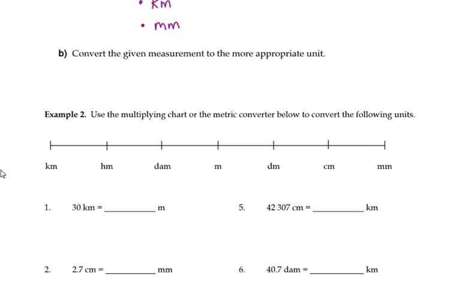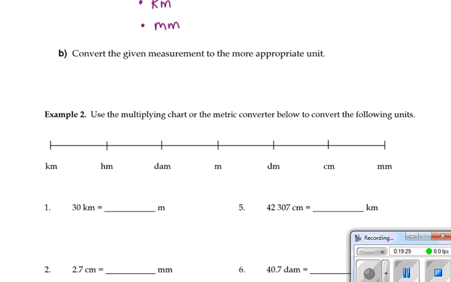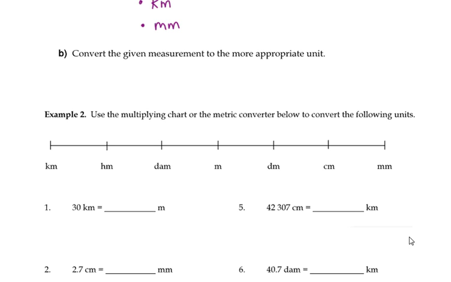Okay, so this blue sheet that you're getting right now, I'm just going to pause the recording. Sorry, so underneath meters, you can write liters and grams as well. Liters and grams. Okay, because those are the base, that's the base unit.